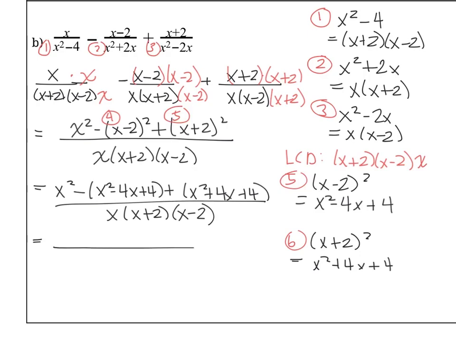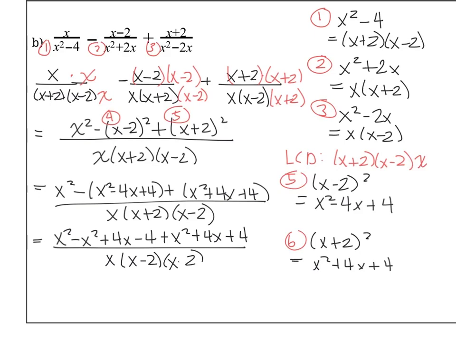So in the numerator, one more time, we've got x squared minus x squared plus 4x minus 4. I've just distributed this negative 1 into the bracket, and then I have plus x squared plus 4x plus 4 all over our denominator. All right, so let's collect those like terms, and we're done. So we have x times x minus 2 times x.